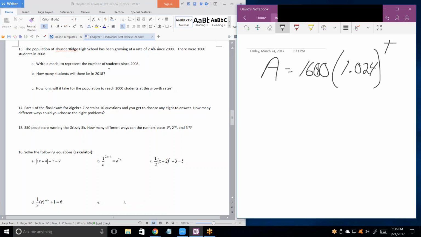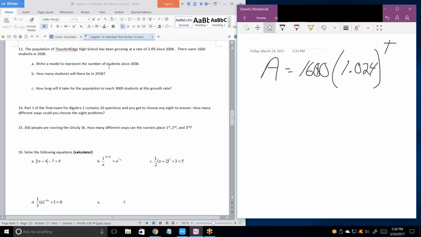10 years. Well, how many years have taken place since 2008? If we were in 2009, what would T be? 1. So you subtract the date, the years, right? Well, we're in 2017.